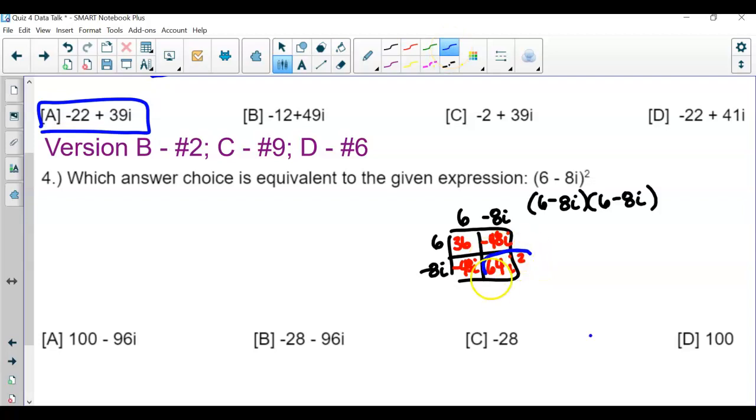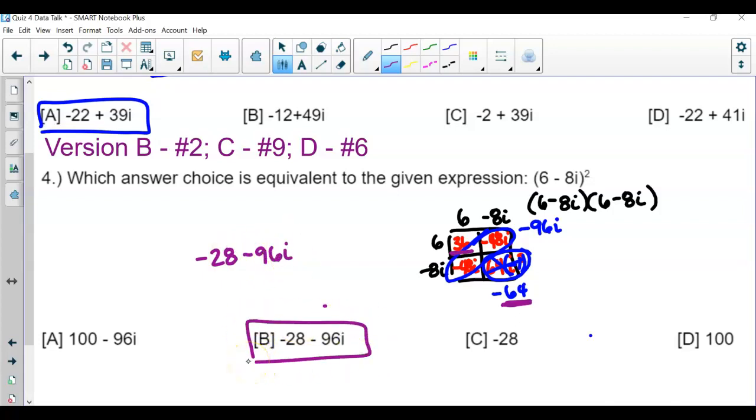Then remember, anytime that you have i squared is -1. So that's why this is not positive 64, but now negative 64. So I'm going to cross that out here. Then negative 48 minus 48, negative 96i. So now let's combine those like terms here as well. 36 minus 64. That now gives you -28. Then don't forget your i, so minus 96i, which is why here the answer was B.